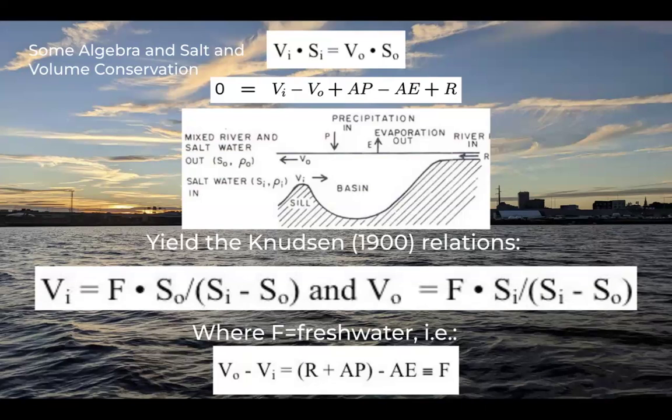I can't make it big by S out because S out is in the numerator and the denominator. So if I make it really big, this just goes to -1. Well, what else can I do? I can make these salinities really close to each other. If they're really close to each other, I'm almost dividing by 0, which means that my inflow is going to be a huge multiple of the freshwater source. Similarly, the outflow, which has the same denominator, is going to be a huge multiple of the freshwater source.